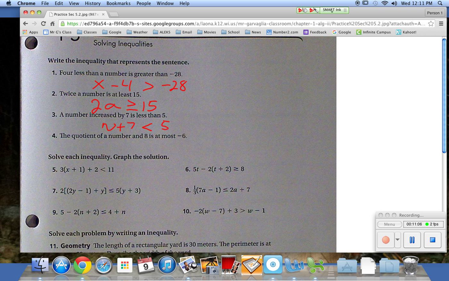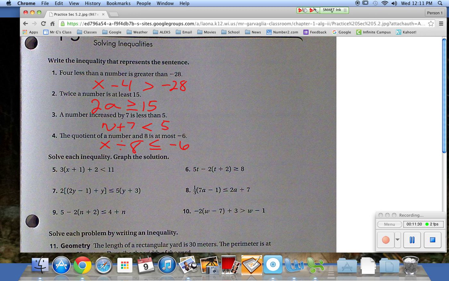Quotient is division. At most. Less than or equal to, right? Negative 6. All right. And then it says graph solutions.